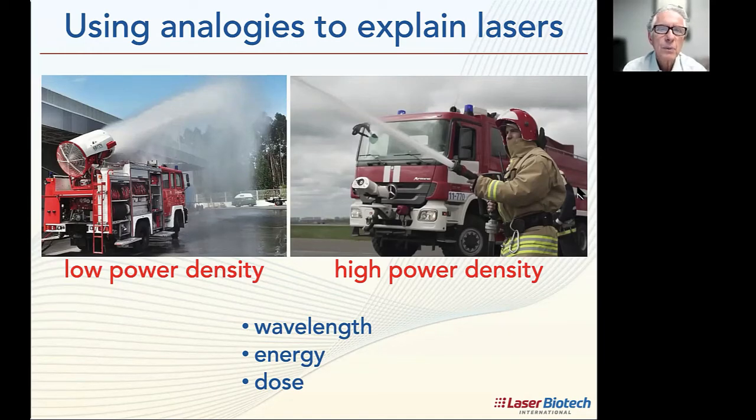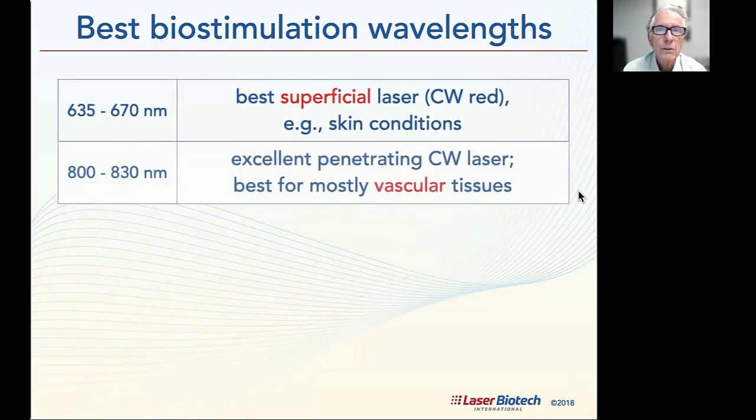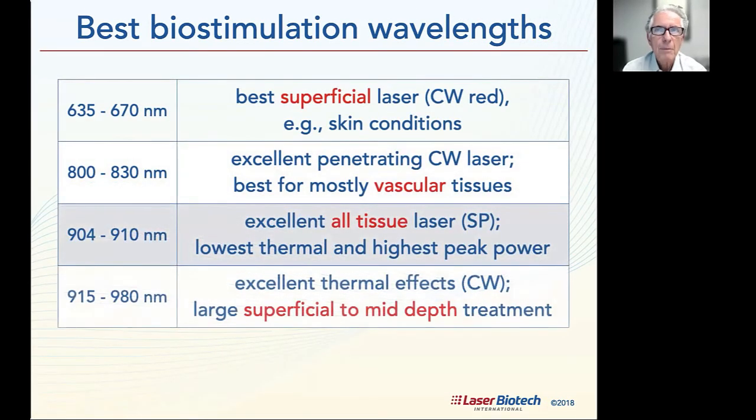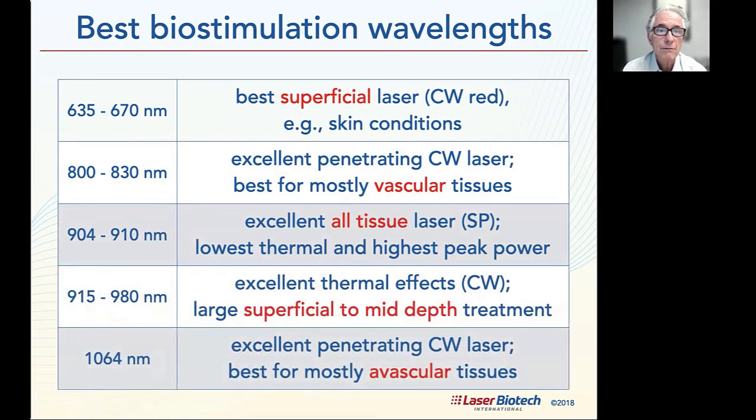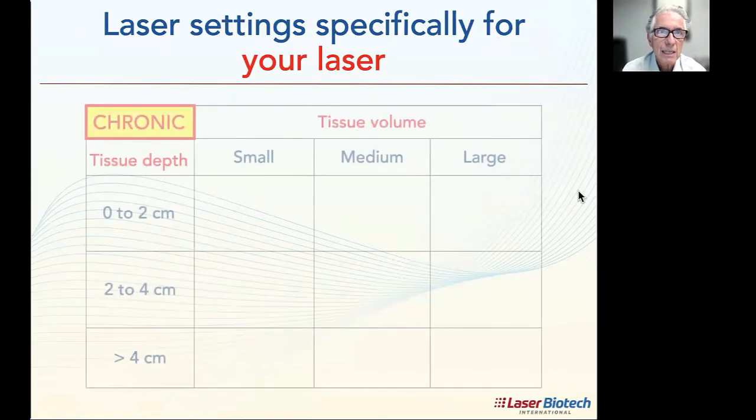Using analogies, we can understand conceptually what it is, it's easy to understand, and more importantly, how to use them with patients. Rather than having a bunch of formulas that they're unwilling to use, I'll also discuss the best wavelengths for the different tissues. There's no one wavelength that's good for everybody. You will see what's called tissue affinity, and I'll go into the details on that.